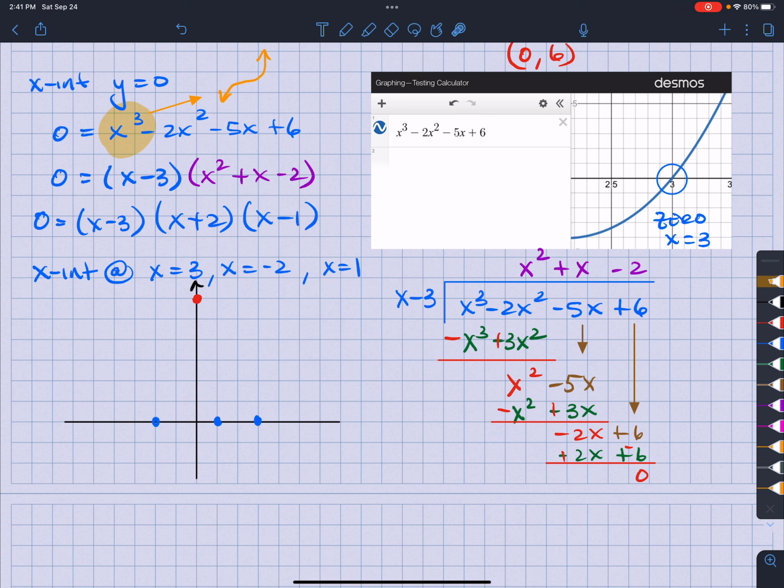So in order for this graph to hit these points, that means it's got to go up and down. And since these are odd, that means it's got to go this way, and somehow come back up this way. So as x goes to positive infinity, my y value will also go to positive infinity. As x goes to negative infinity, my y value will go towards negative infinity. That's why we need that.